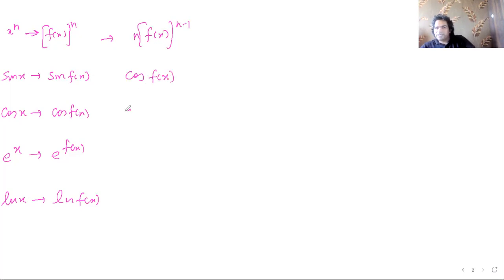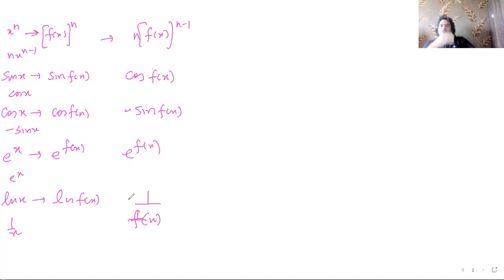Cos derivative will be negative sine of the function. So don't touch the child function in the first step. e to the power f x is e to the power f x, as we know. ln f x gives 1 upon f x, since ln x is 1 upon x. I'm just writing here the derivatives of the parent function so that you don't get confused.